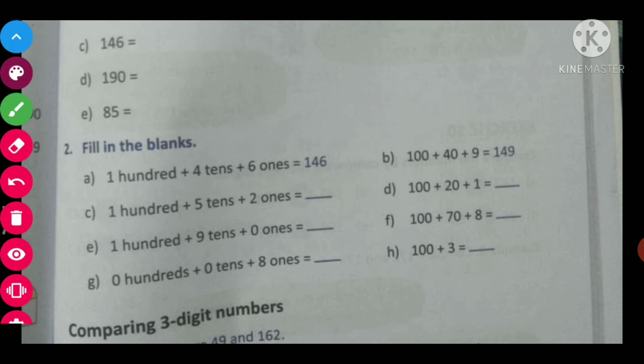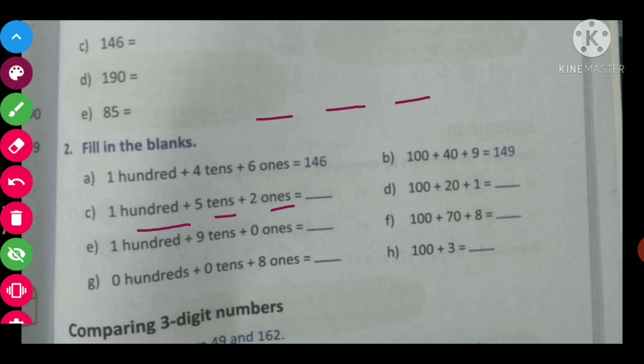Now see question number 2 that is given, fill in the blanks. You have to make the number. Expanded form is given, now you have to make the number. So we'll only see the place, then we can easily find out what number it is. Here you can see hundreds, tens and ones, so we'll put 3 blanks.